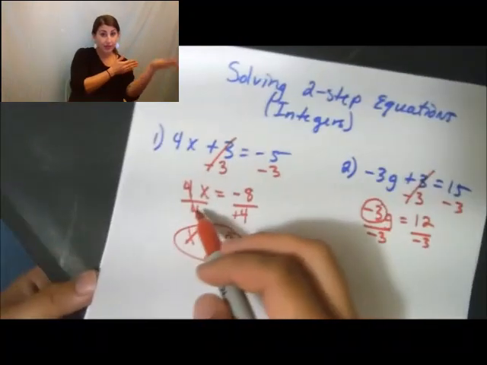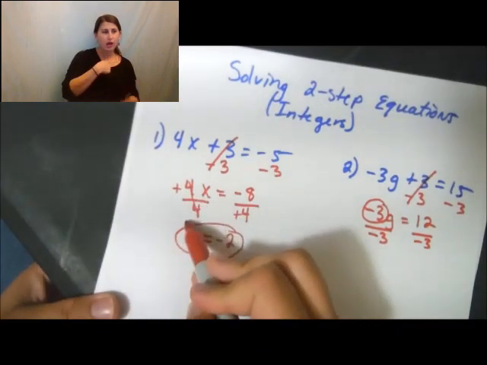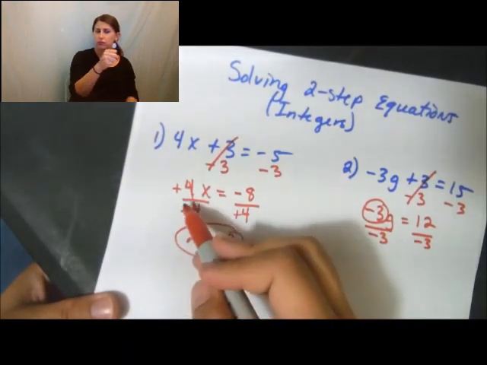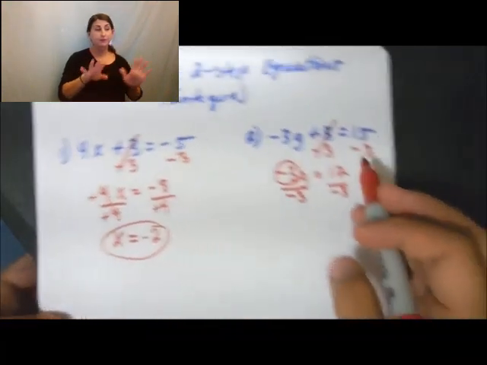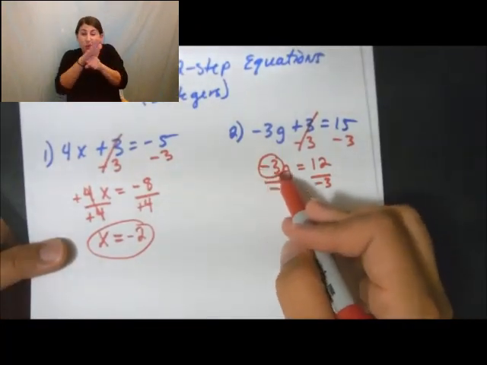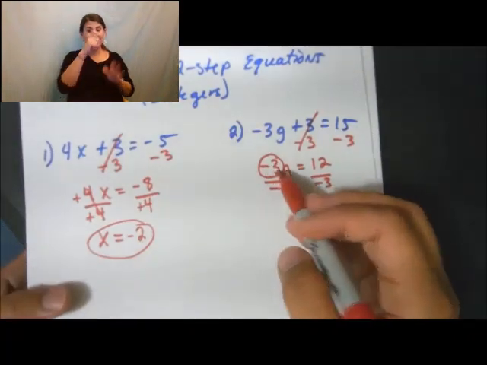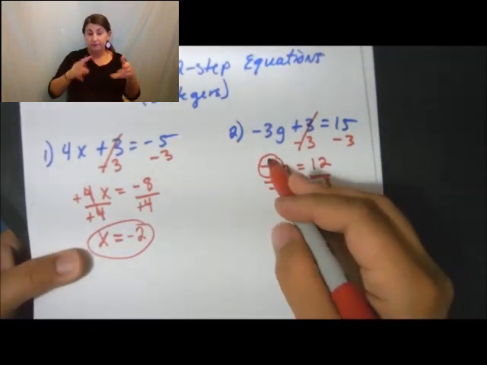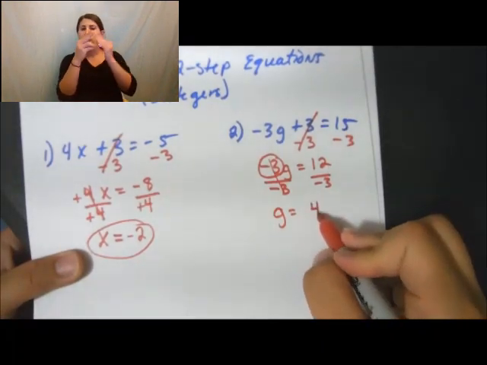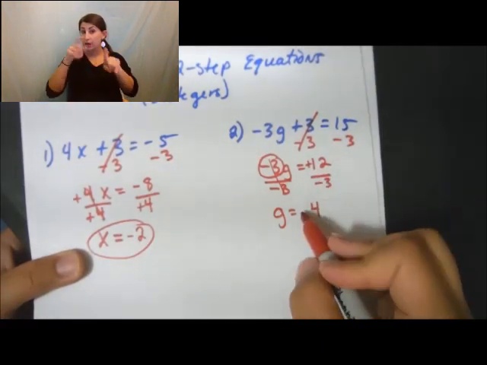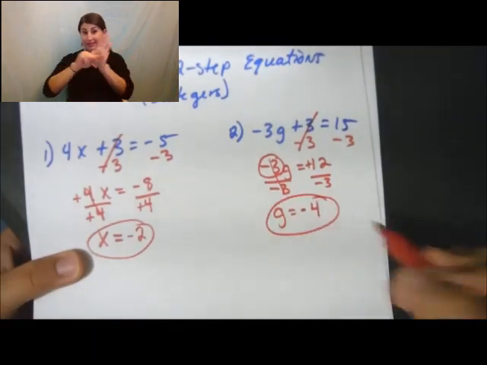Before, like over here, it was positive 4, I divided by positive 4. I didn't turn this one into a different sign. I didn't make that negative. So same thing here. Take the whole number, all right? It's negative 3, that whole integer. So this turns into 1g equals 12 divided by 3 is 4. But a positive divided by negative is a negative.